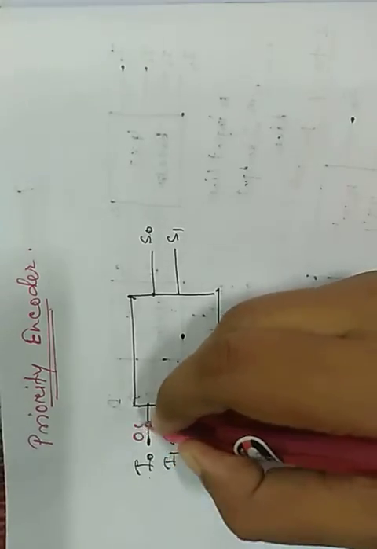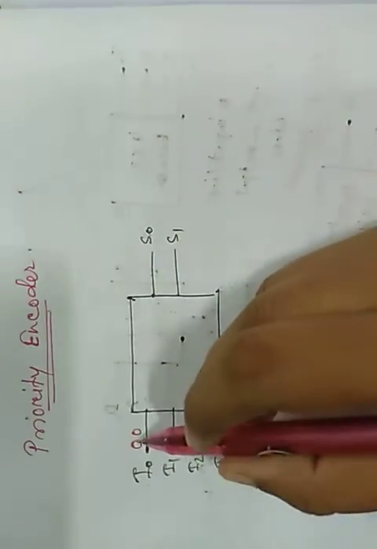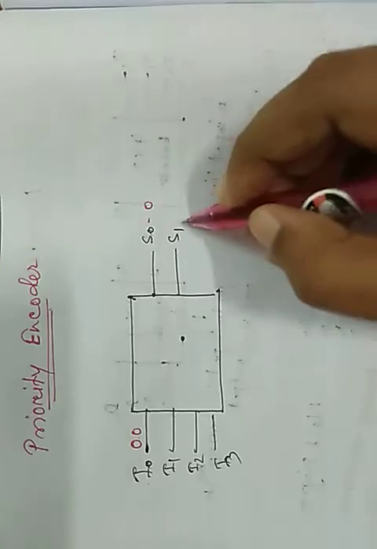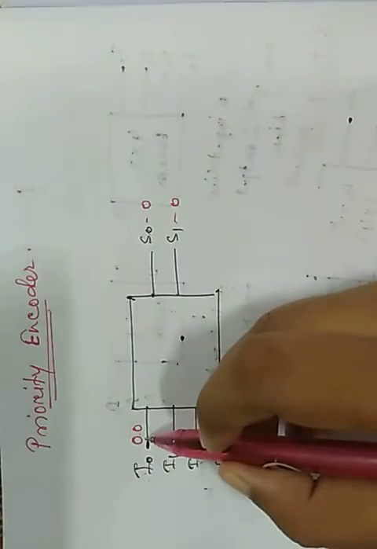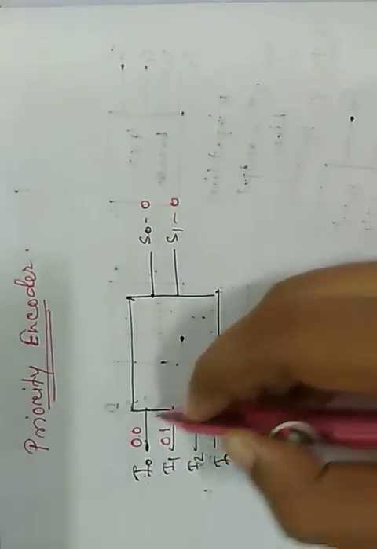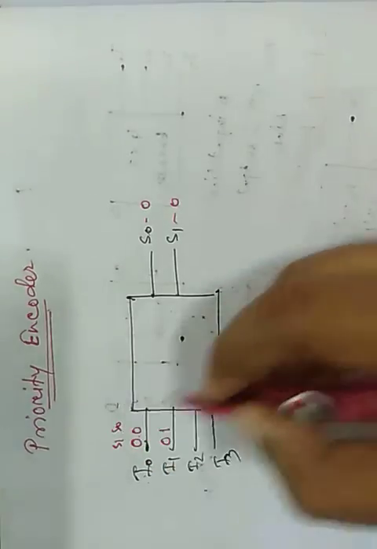That means if it is 0, 0, I0 is selected. If it is 0, 1, that means S1, S0.